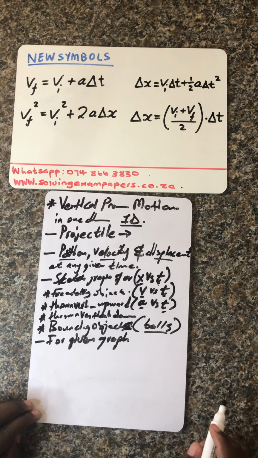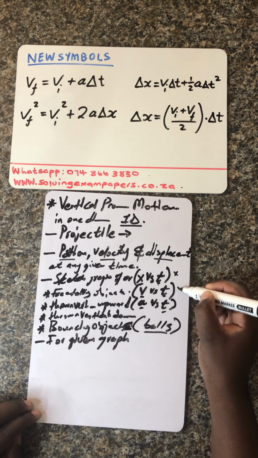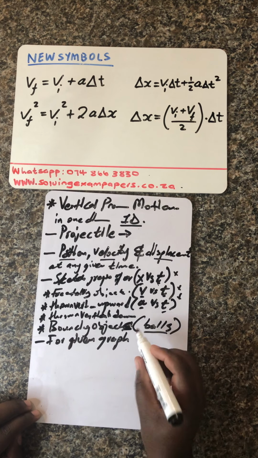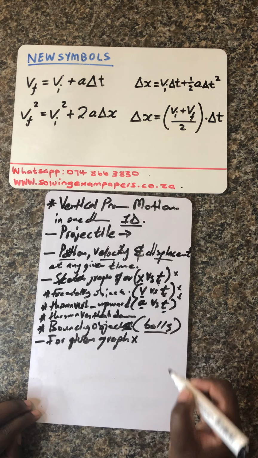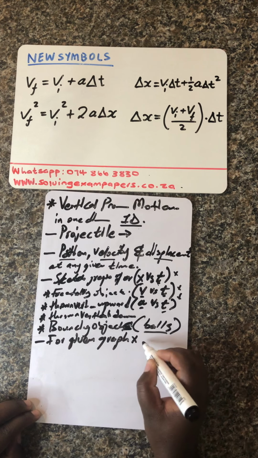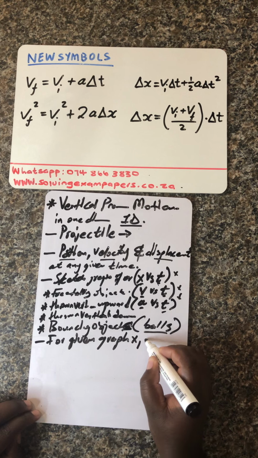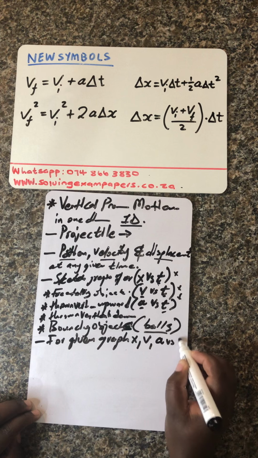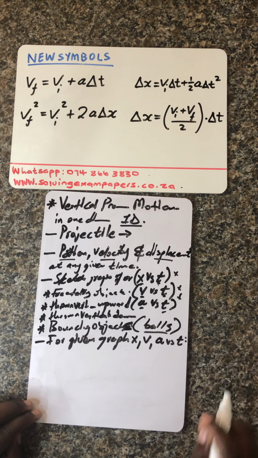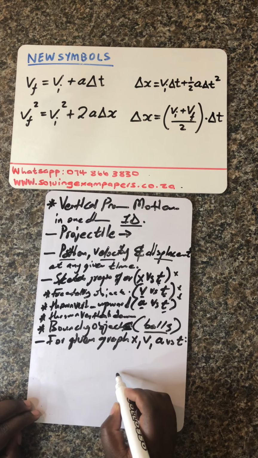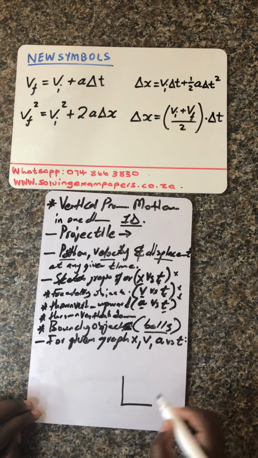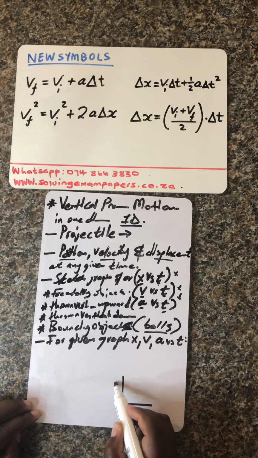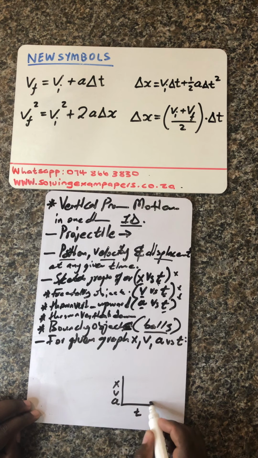of what, ladies and gentlemen? These are the graphs that I'm talking about. Okay, for a given graph of displacement or position versus time, velocity versus time, and acceleration versus time, ladies and gentlemen, you can determine the following. Okay, so that means you can be given a sketch, which could be a sketch of position, velocity, or acceleration versus time.